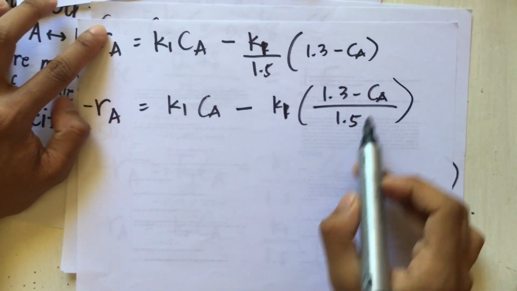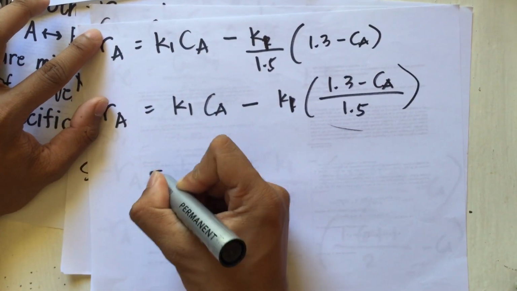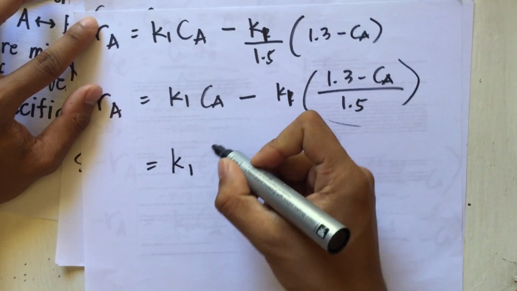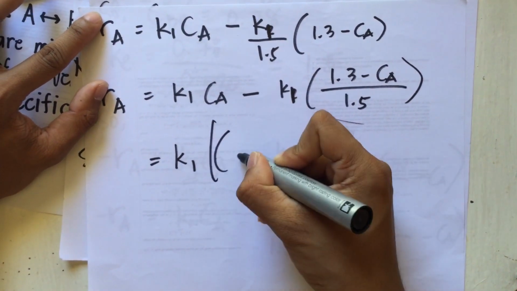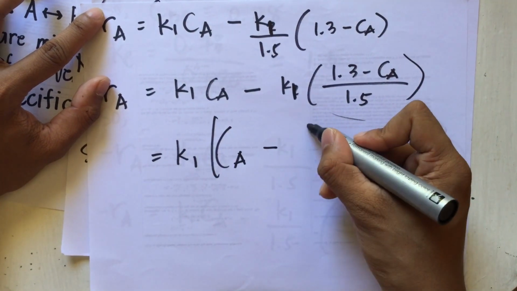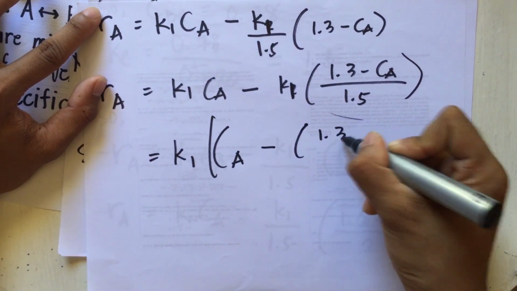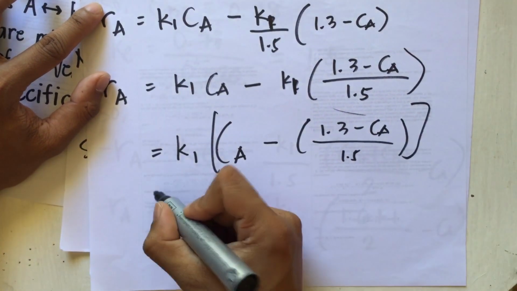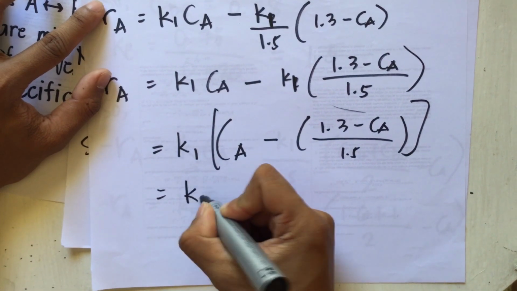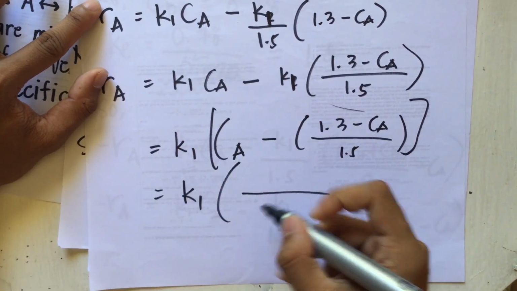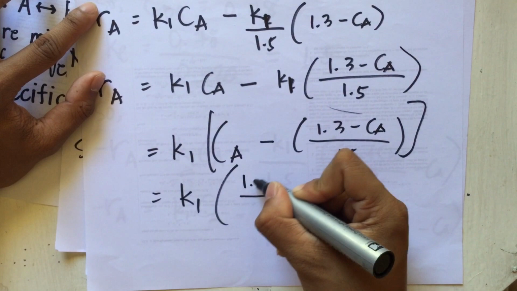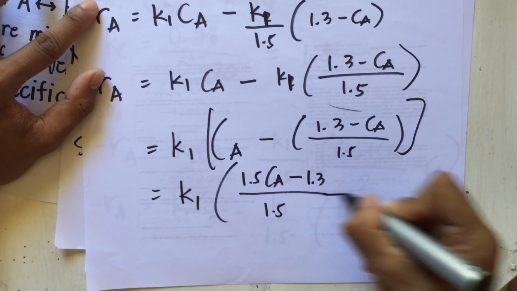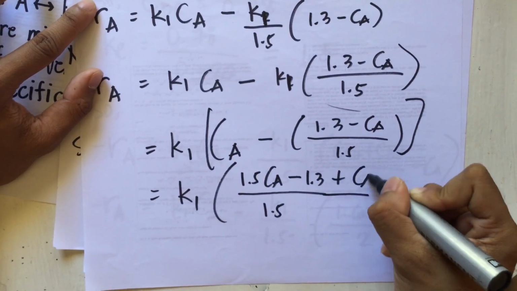So now going to simplify this further, we factor out K1. K1 CA minus 1.3 CA minus 1.5. So combining these terms, we have K1 over 1.5 times CA minus 1.3 plus CA.